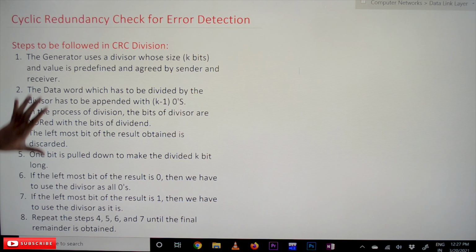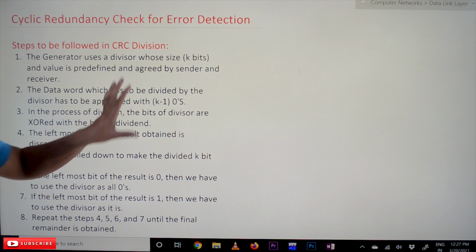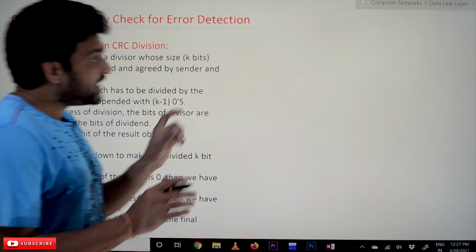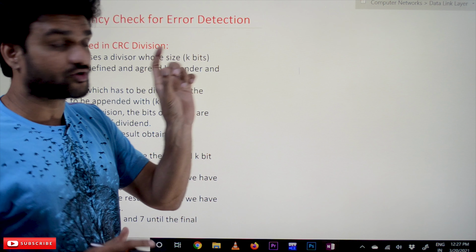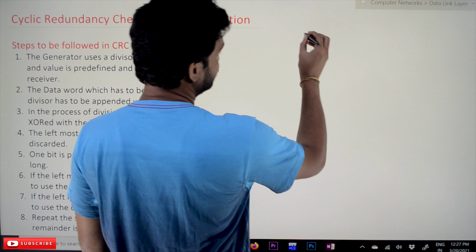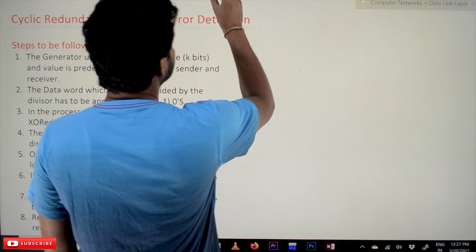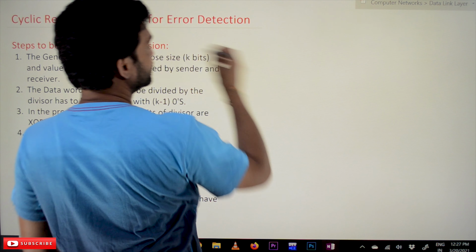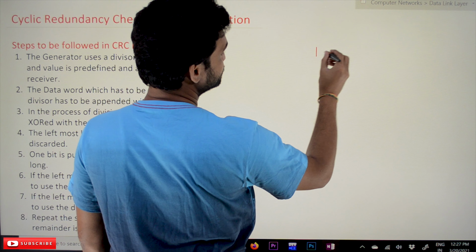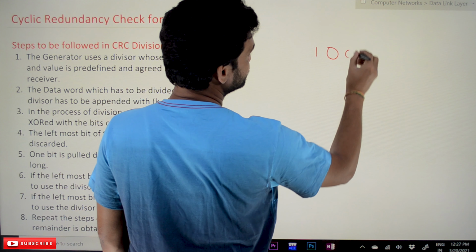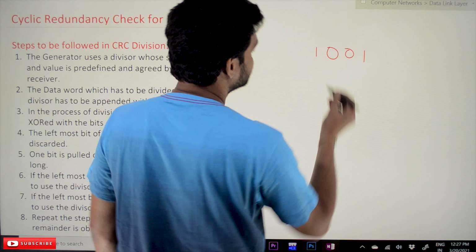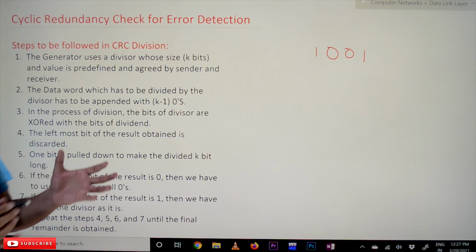Now, based upon these steps, we will try to generate the redundant bits. For example, let's assume that our data word is of size 4 bits, and the data word we are going to use is 1001. This is a division method.